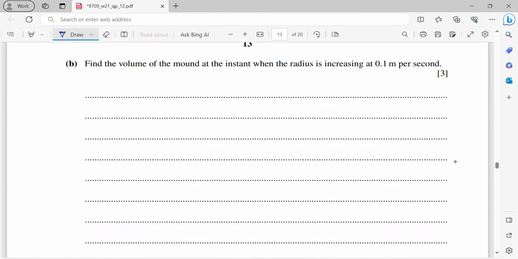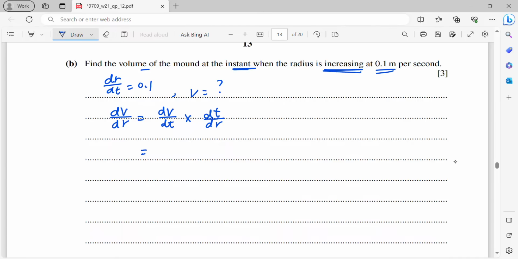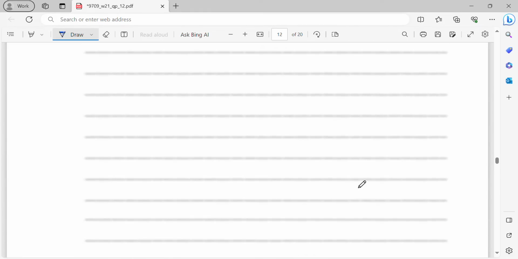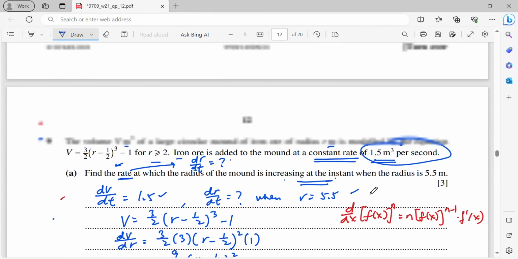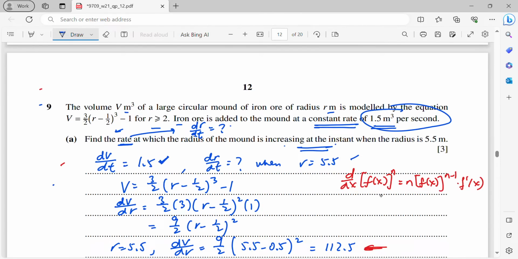Okay, now B, find the volume of the mound at the instant when the radius is increasing at 0.1 meter per second. So now dr dt is 0.1. What is your V? Okay, so from here, we need to find dV dr first. dV dr is dV over dt times dt over dr. So dV dt is given 1.5 in the question.